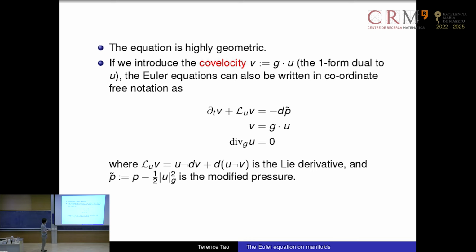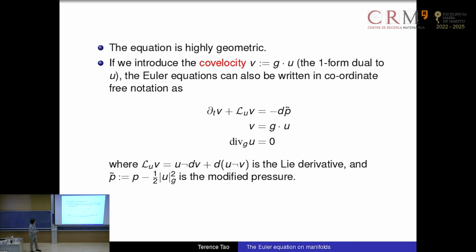So the time derivative is given by the Lie derivative of the one form with respect to the velocity, with a modified pressure. The pressure you have to modify by 1/2 the energy density. So you can also write the Euler equations in this form.